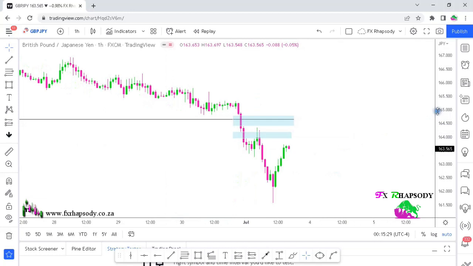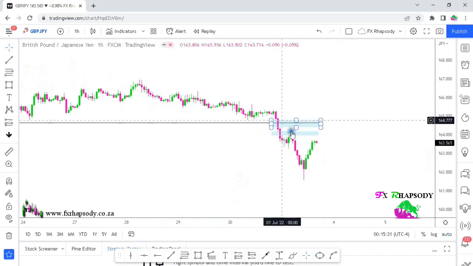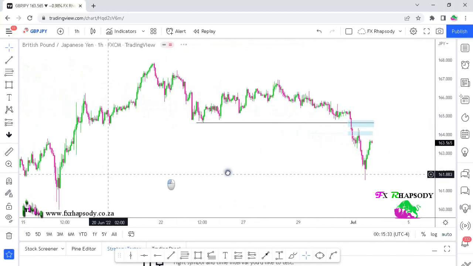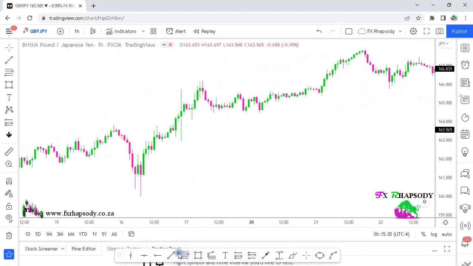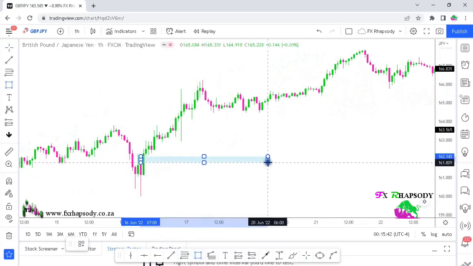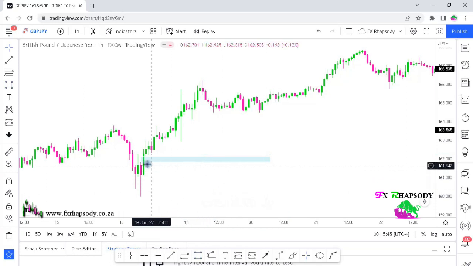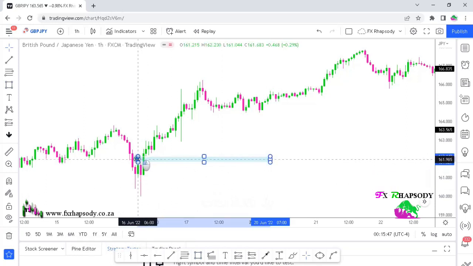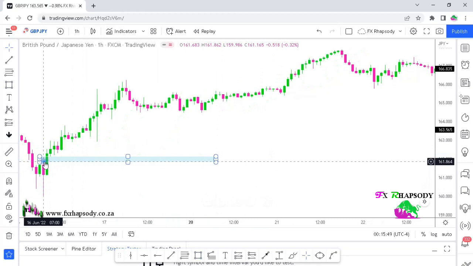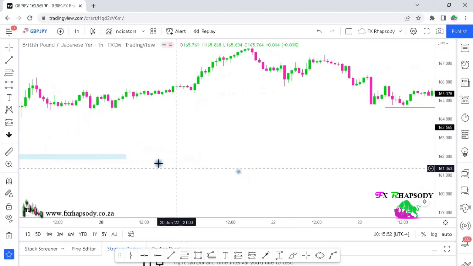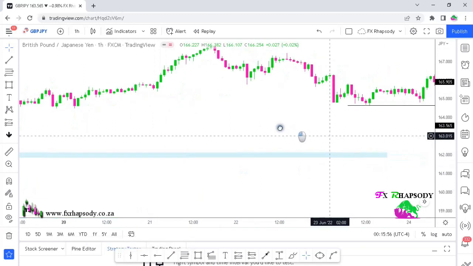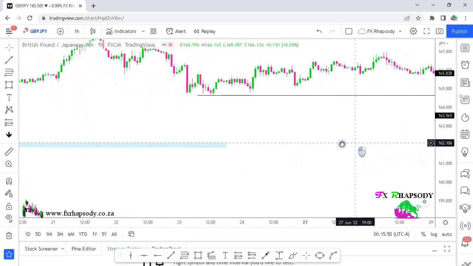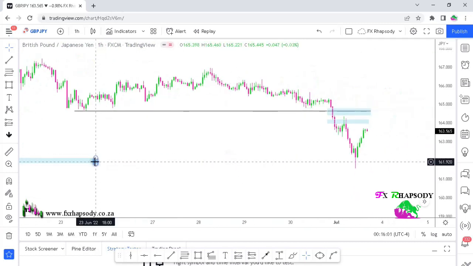Now I just want to show you why and where price got drawn to. If we look back to where price broke structure the first time, it created a little bit of a gap over there, a fair value gap, as you can see. It created a little gap in between those two candles, and if we take that and draw it to the side, sorry, taking so long, just going to zoom out a bit.